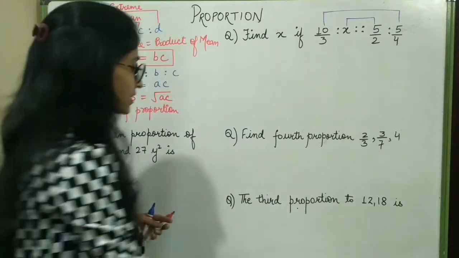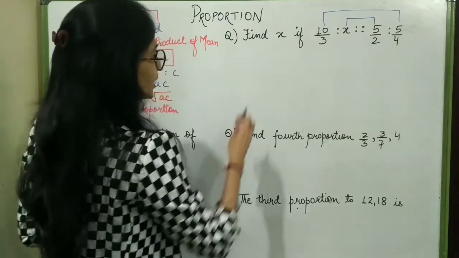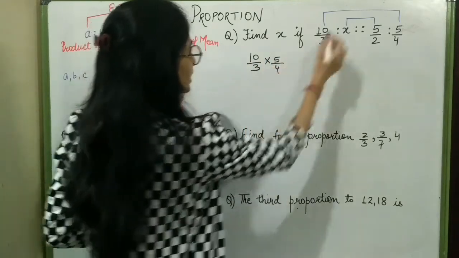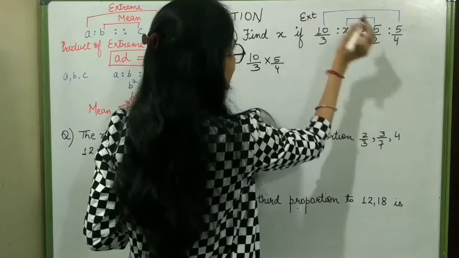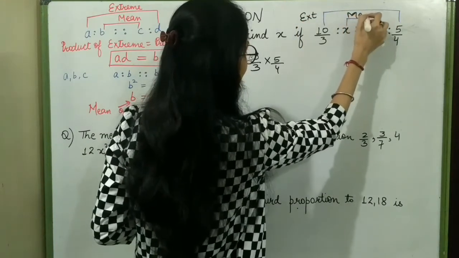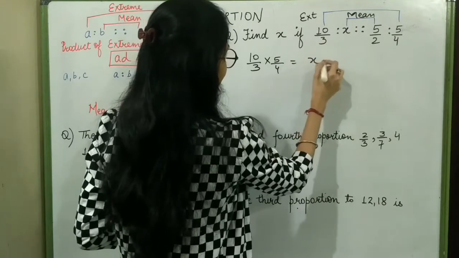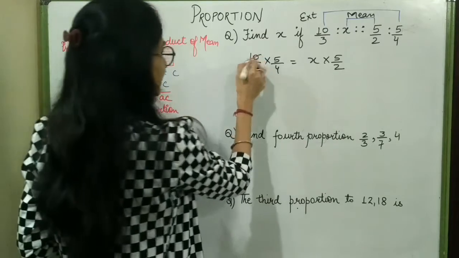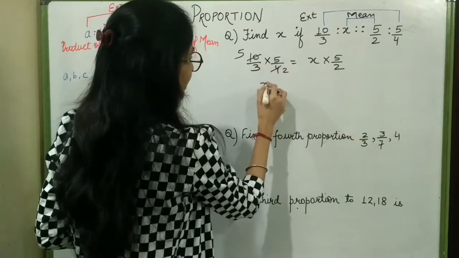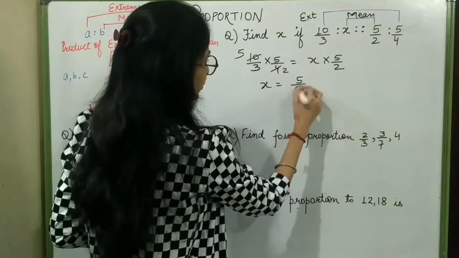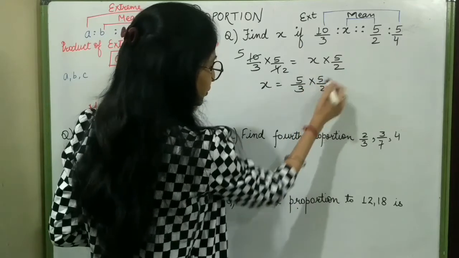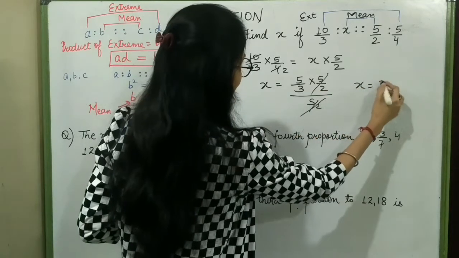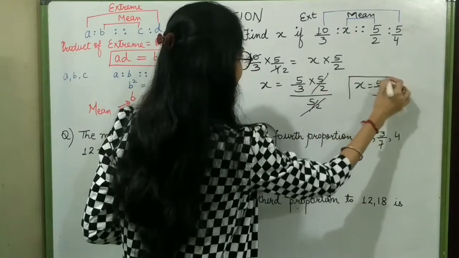The extreme terms here are 10 upon 3 and 5 upon 4, and the mean terms are x multiplied by 5 by 2. Solve this, you will get x equals 5 upon 3 multiplied by 5 upon 2 upon 5 upon 2. So the value of x is 5 upon 3.